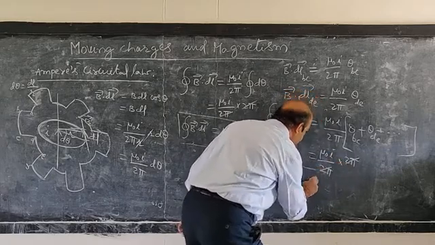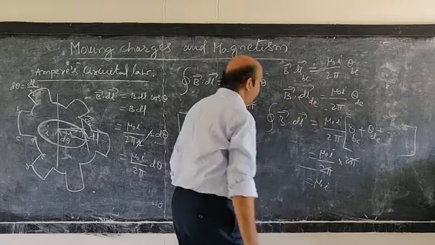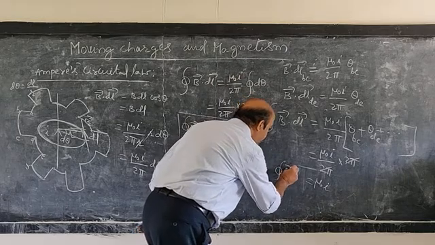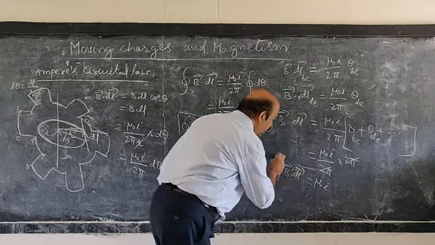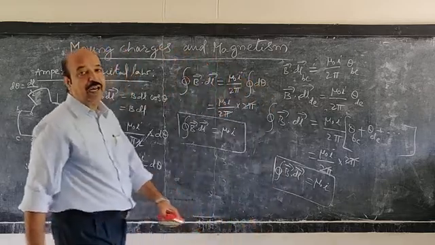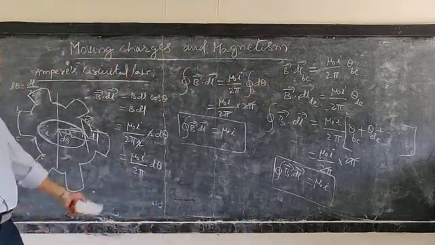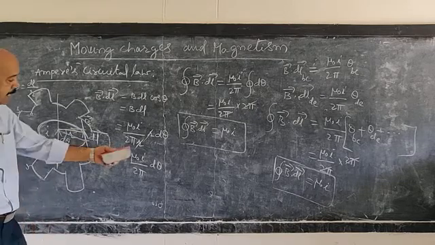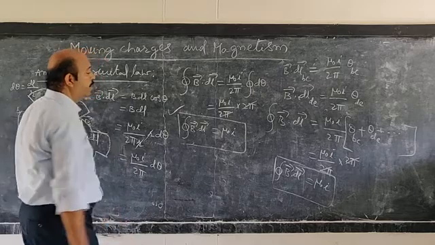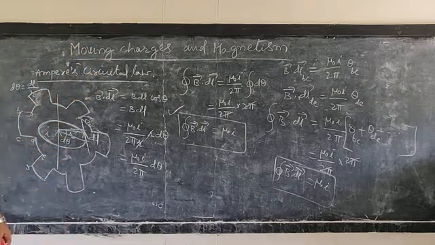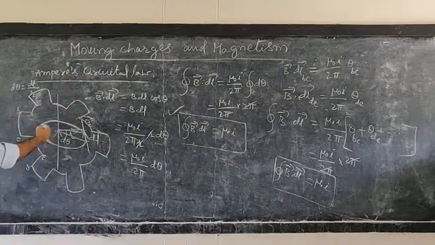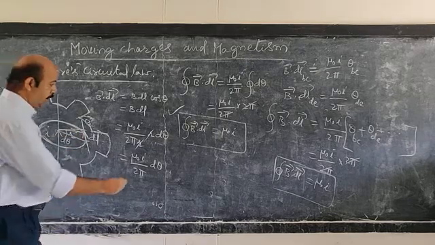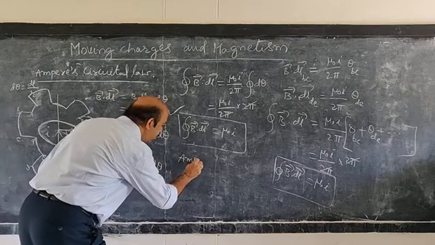So this is cancelled, mu naught I. So again, what are you going to get? The closed path integral of B bar dot dl bar is equal to mu naught I. So like that, for any general path, you can arrive at the same formula. That is the mathematical form of Ampere's circuital law. Here, the closed path you are choosing is known as Amperian loop.